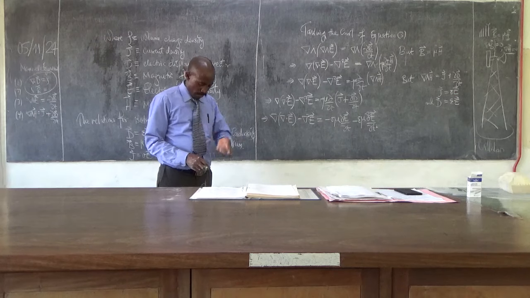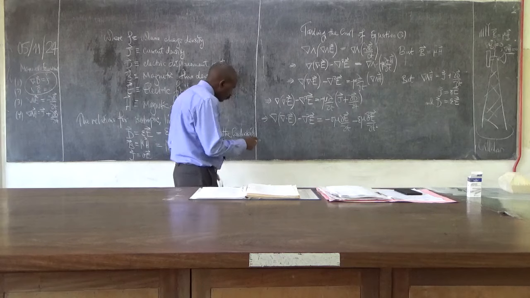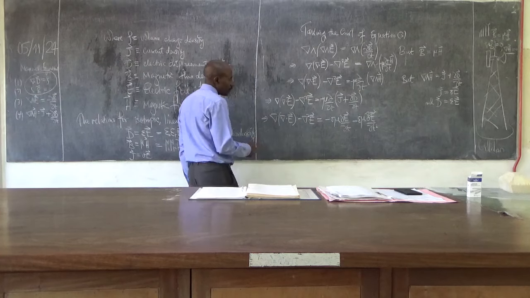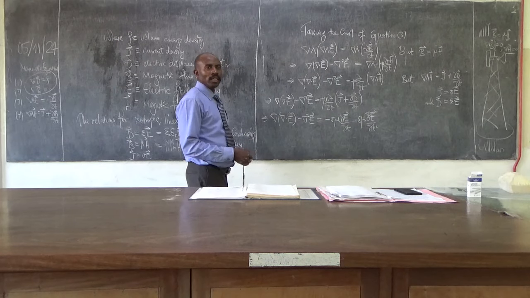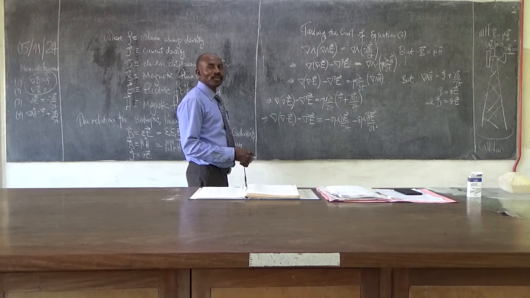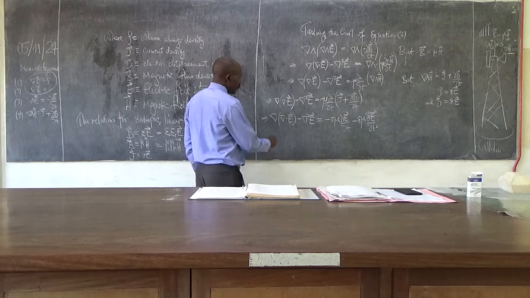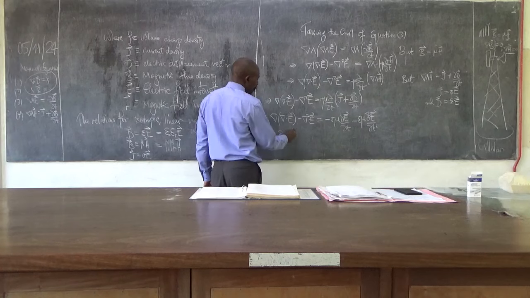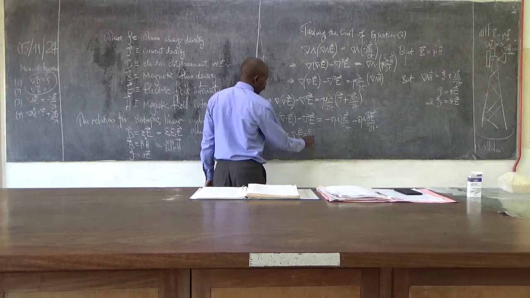Okay, so if we are together, then this would imply that I think we've done almost everything. So this is an equation in field vector E, if you look at it. But the divergence of E equals rho over epsilon.